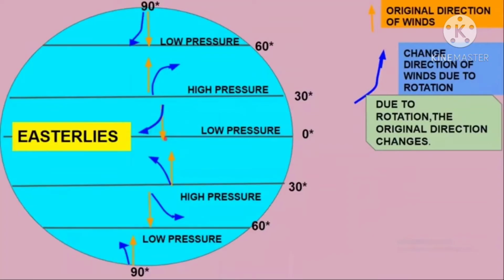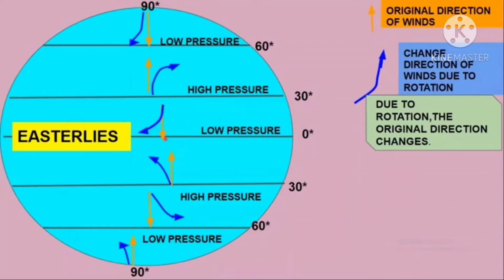We have learnt in our lower classes that the earth is surrounded by a protective shell called the atmosphere, which is a mixture of various gases, as I told you before. And the various layers of atmosphere are troposphere, stratosphere, ionosphere, mesosphere, exosphere.